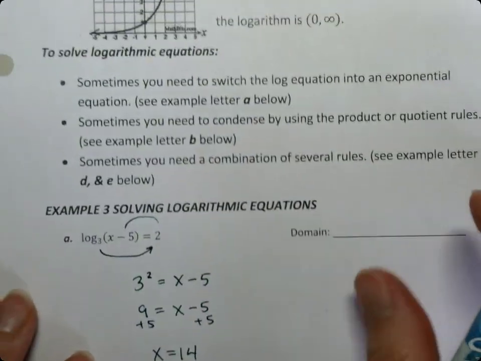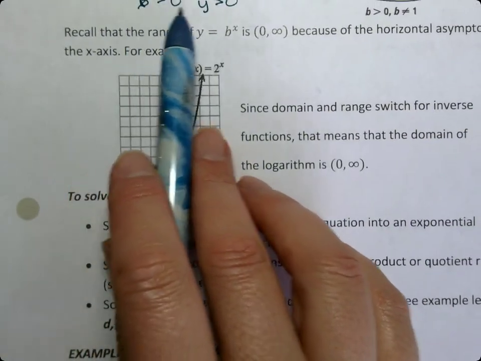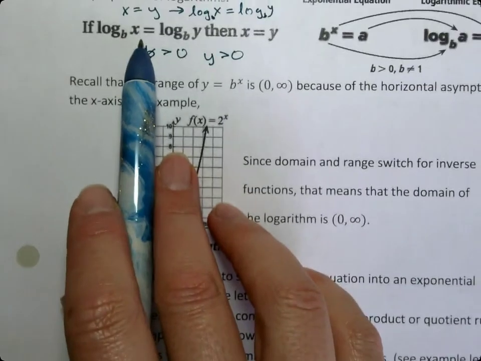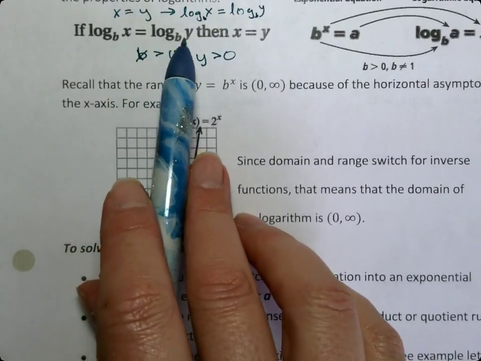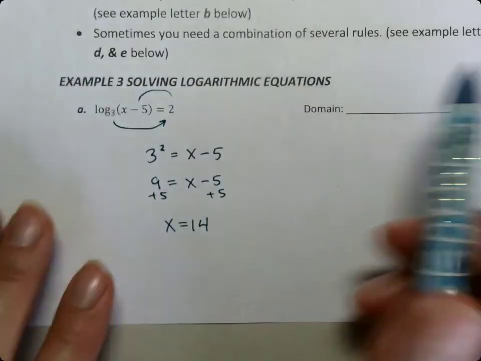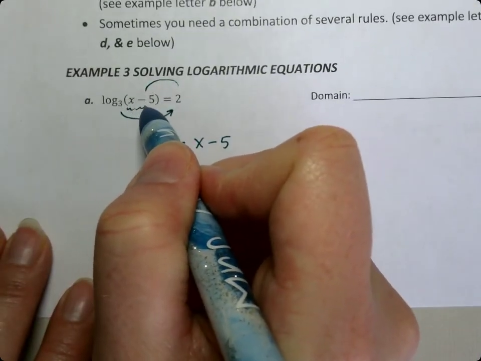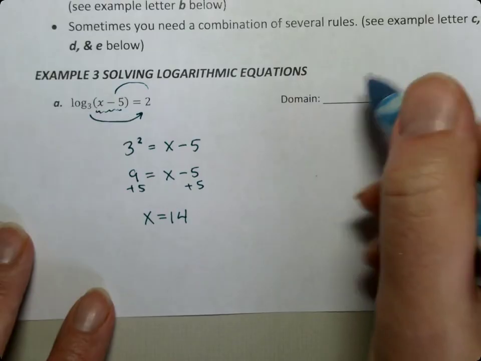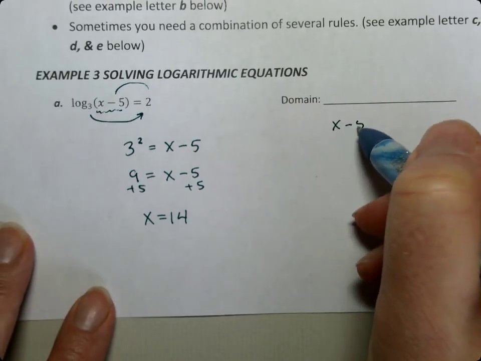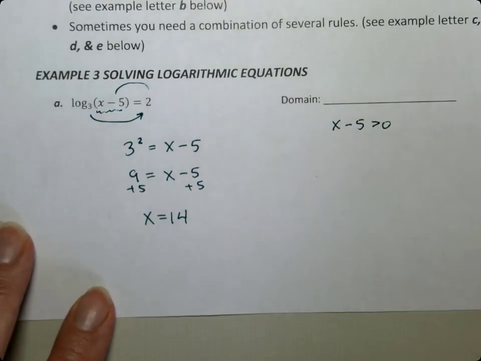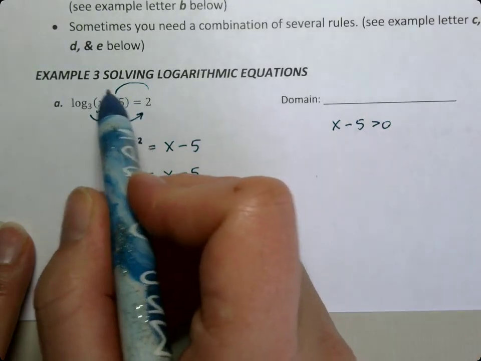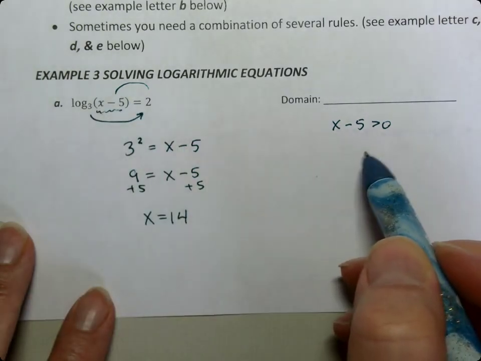Remember up here, I said that your x and your y have to be greater than 0. So whatever you take the log of has to be greater than 0. We're taking the log of x minus 5, so x minus 5 has to be greater than 0. Whatever you're taking the log of has to be a positive number, can't be 0.